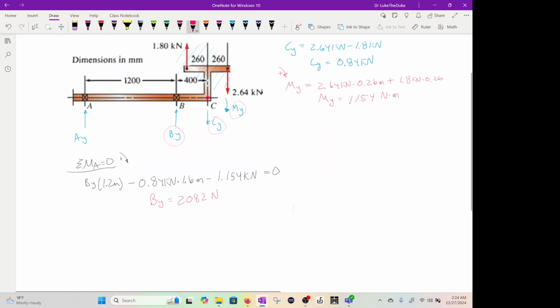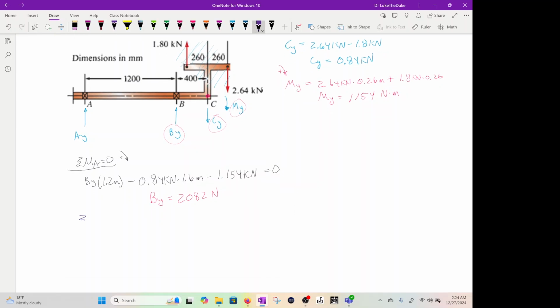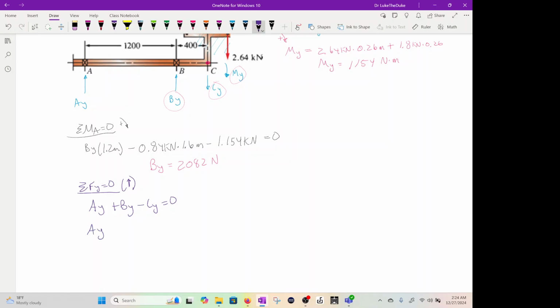Okay? And then we can sum the forces in the Y, set that equal to 0. We have AY, we'll assume upward is positive, plus BY minus CY equals 0. We have AY plus 2082 minus 840 equals 0, and AY equals negative 1242 newtons.